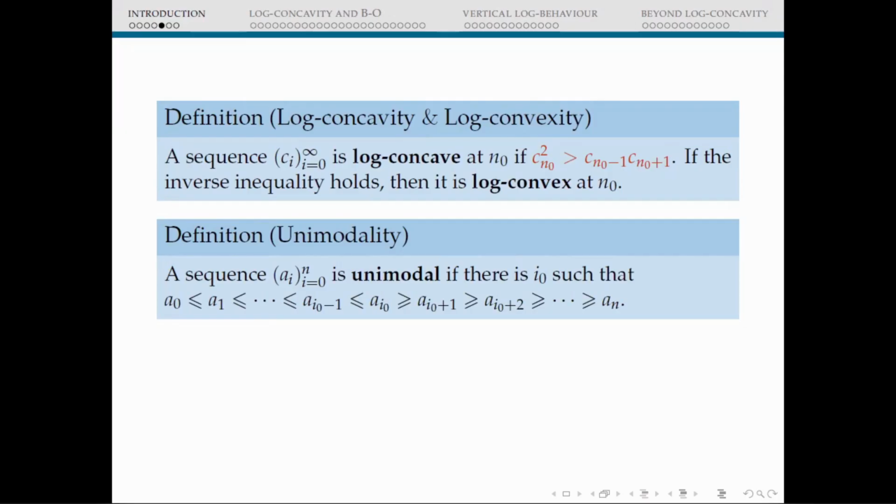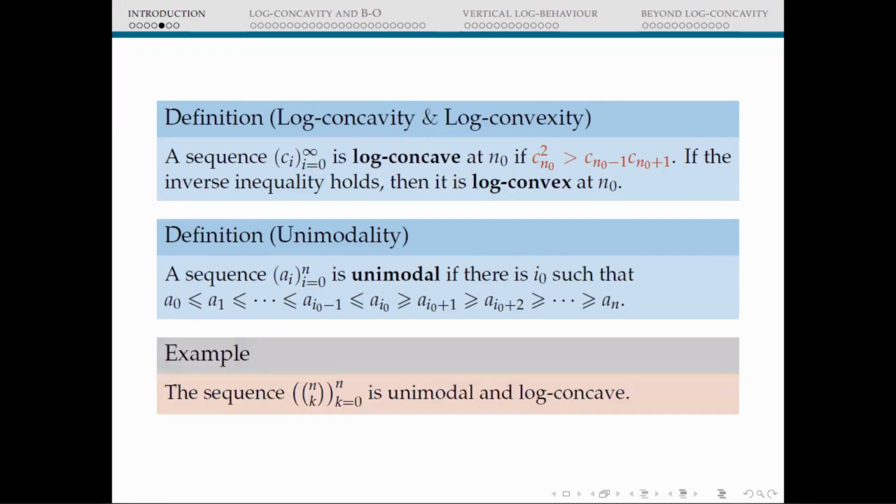In particular, one can show that for a sequence of positive real numbers, log-concavity implies unimodality. A well-known sequence which is log-concave and unimodal is the sequence of binomial coefficients, k equals 0 to n.